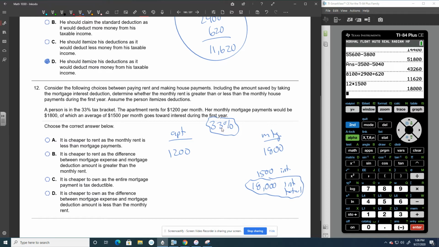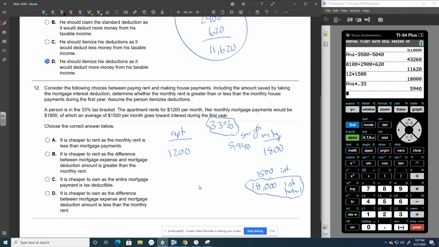It lowers it by that 33%. So what I want to know is, am I going to save more in my tax break than I'm going to save in my rent? So I take that 18,000 and multiply it by 0.33, and you're going to get 6,000 or close to it. $5,940. So that is how much I'm saving on my taxes with my mortgage.